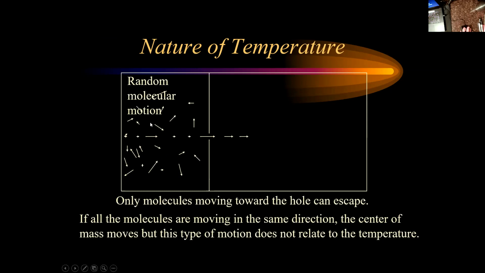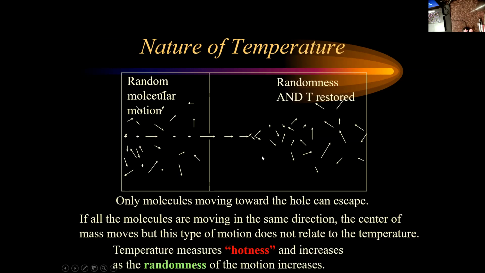So these fast molecules hit the slower ones, and eventually they bounce off each other until they reproduce this pattern of random motion that was characteristic of this side. So the nature of temperature is that it is a measure of the randomness of the motion of molecules. The more random they are, the higher the temperature is. Now you do have to put heat energy in to cause that randomization to take place, or it will suck it from their surroundings, and that's why we got the 2 degrees down here.